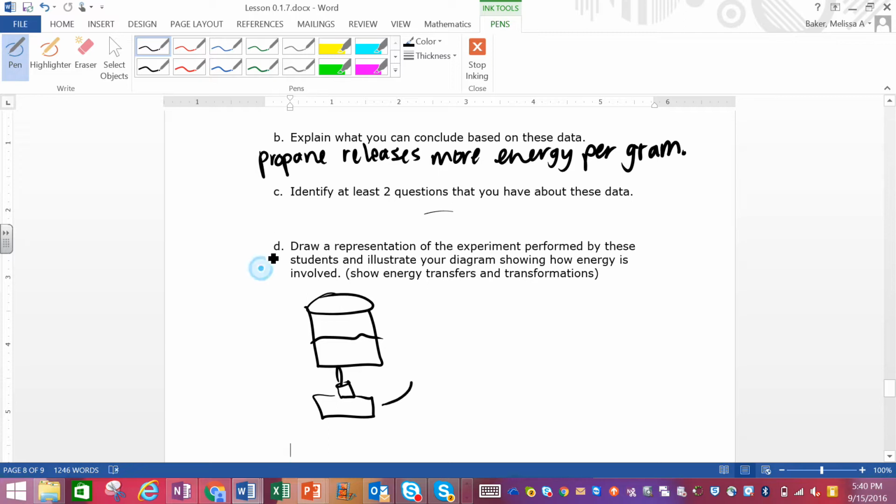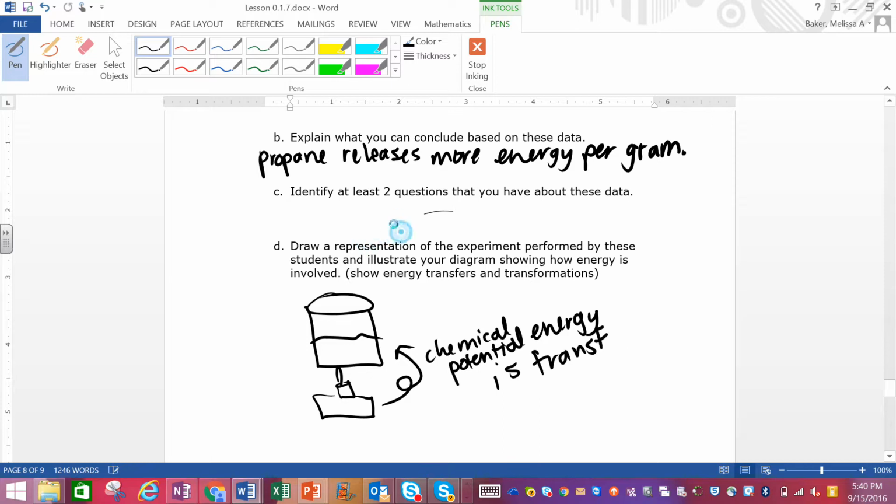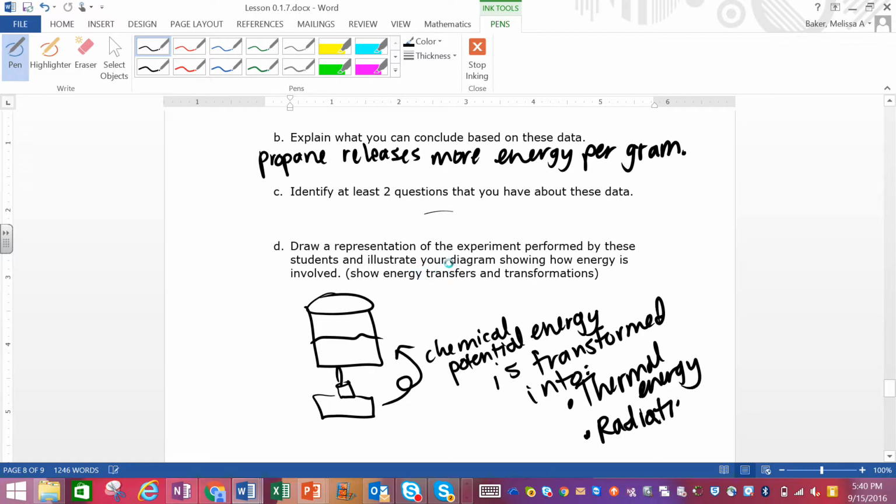And I'm going to show a transformation that chemical potential energy is transformed into 2 things: thermal energy and radiation, light.